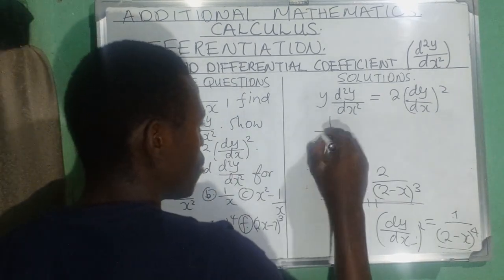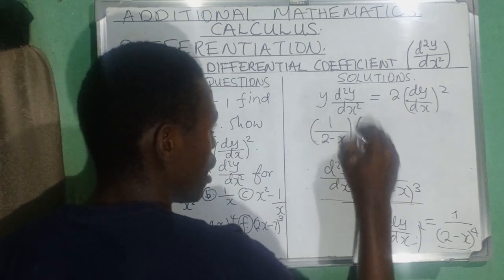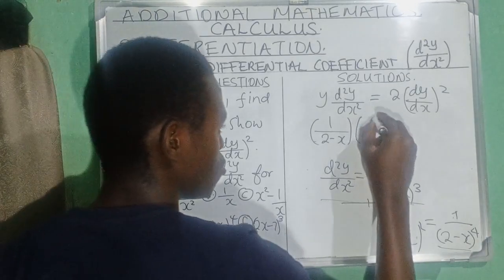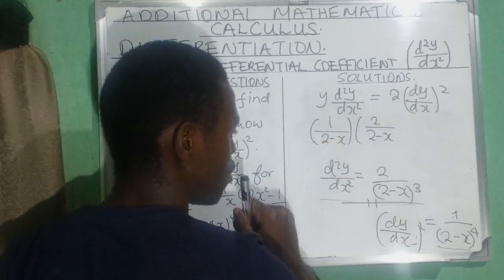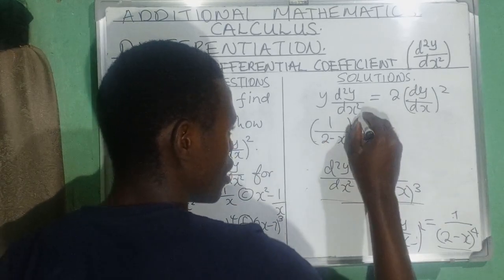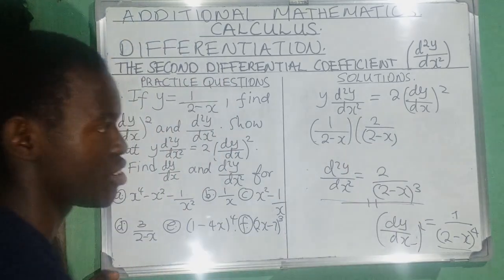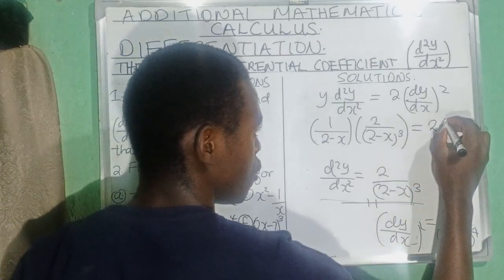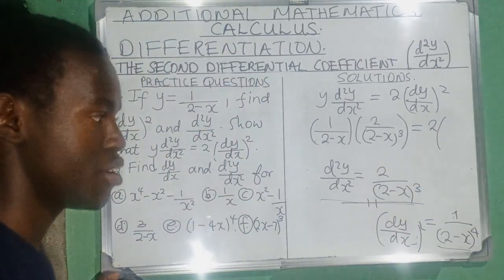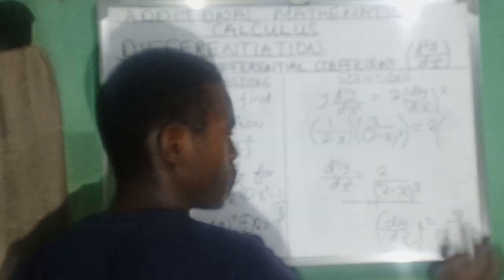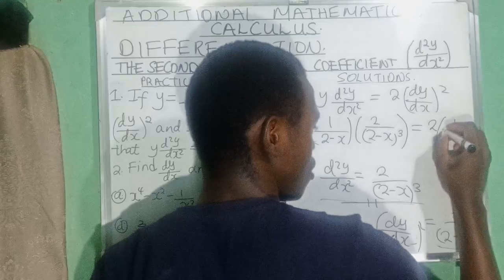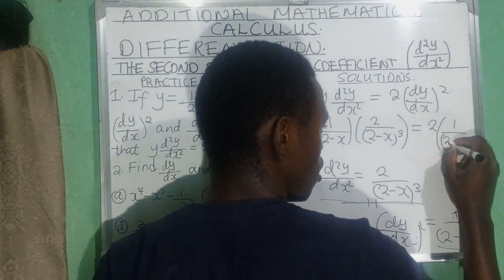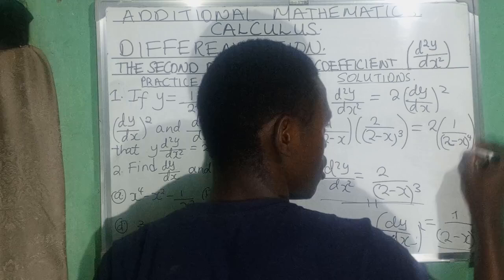This is our 1, you divide by 2 minus x multiplied by our d2y dx2, which is 2, you divide by 2 minus x, alright? 2 minus x, I hope you can see that, raised to the power 3 is equal to 2 multiplied by dy dx squared. The answer that we found is here, which is 1 divided by 2 minus x raised to the power 4, like that.